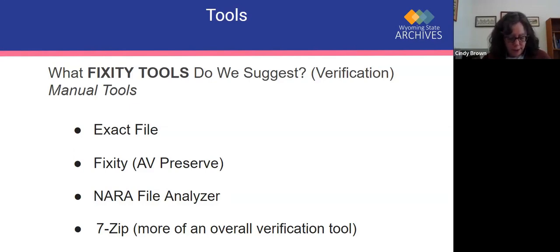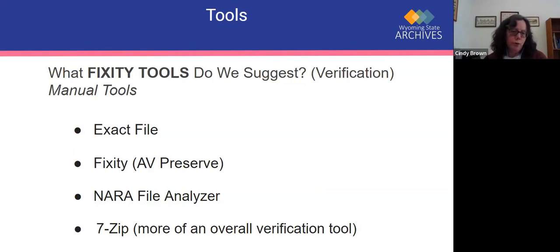I don't think it's a drawback. So the first one is called ExactFile. I really like the names of these things sometimes. So it's an open source file integrity verification tool used to make sure that the file copies are bit perfect copies. And it does create checksums, and it boasts that it can be used on very large files, because I'm sure some of the smaller ones may choke on them.